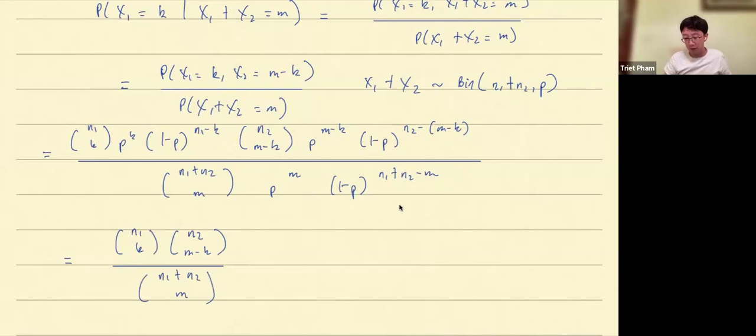Again, for what values of k? k equals 0, 1, etc., up to the minimum of n1 and m. Any question?